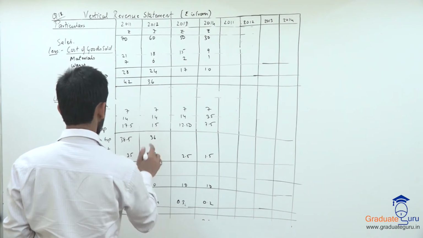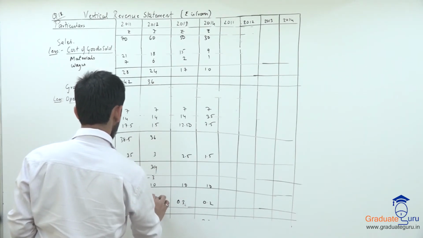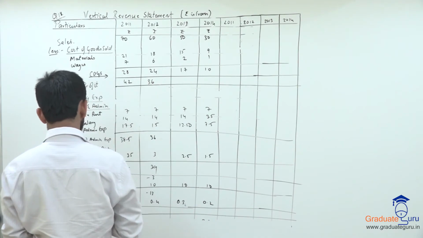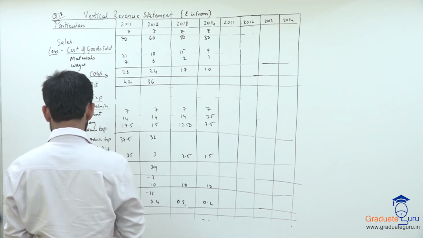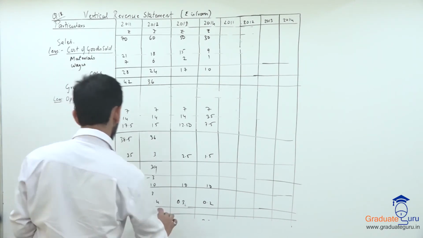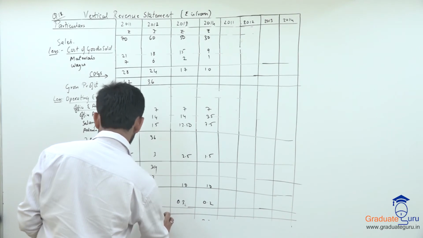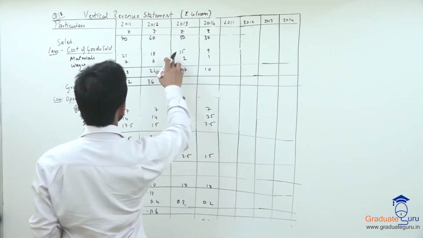Operating expense minus 3, minus 13, minus 13 plus 0.4 will give you 12.6.